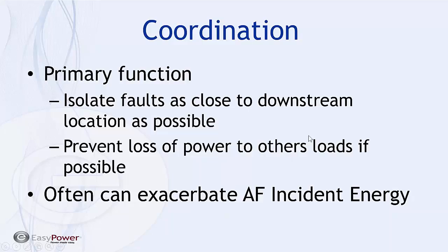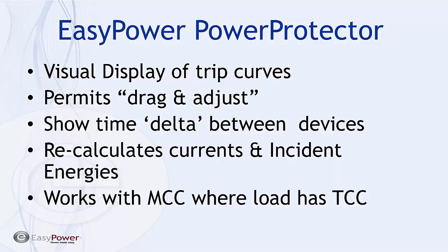There's one thing to consider when we're doing this, and the problem is the process of coordination actually can exacerbate the arc flash incident energy calculations either at the load or upstream at some of the intermediate protective devices. And so this can often interfere or compete with the settings which we might want to choose for coordination.